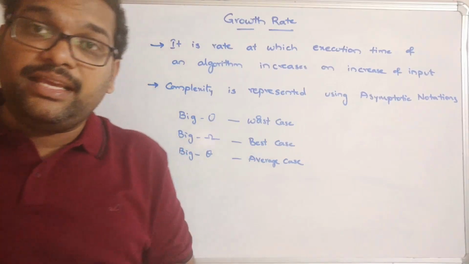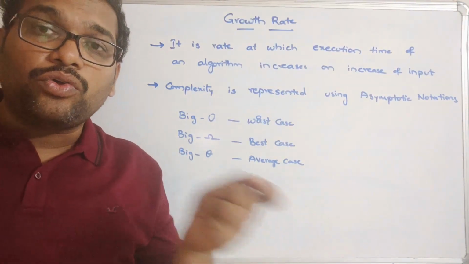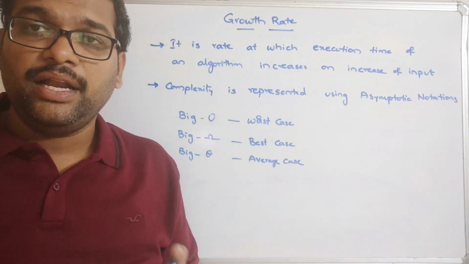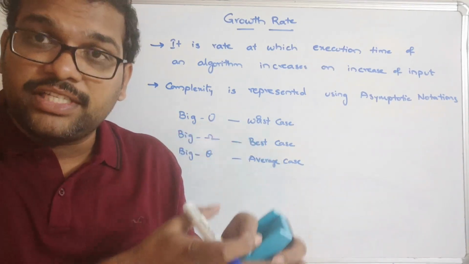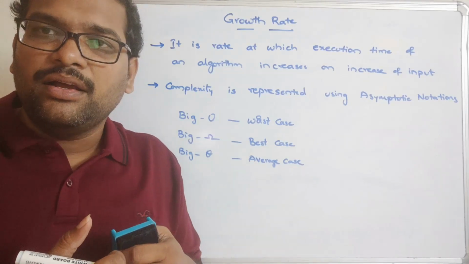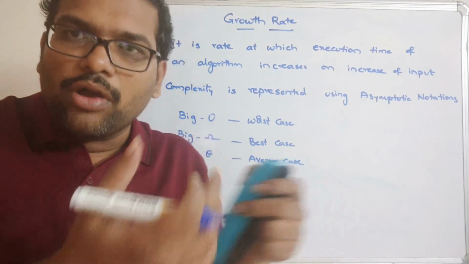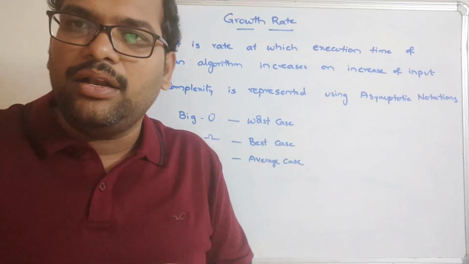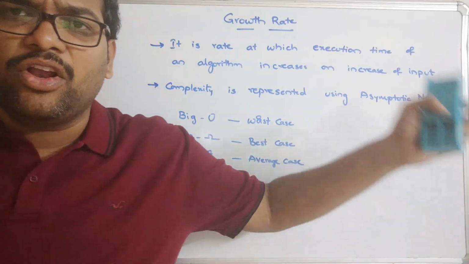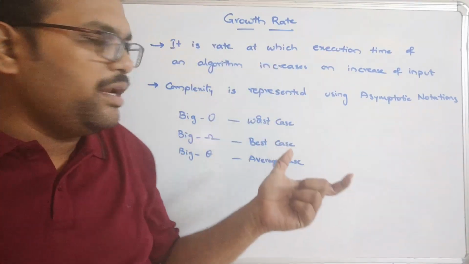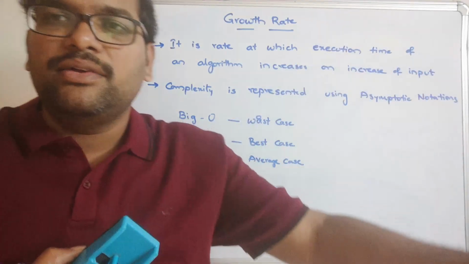Now we have to see the order of growth rate. We have also seen different types of functions, right? The constant, logarithmic, linear, quadratic, n log n, exponential, factorial. So we will be having a lot of functions, and we have to know the growth rate from smallest to the largest.